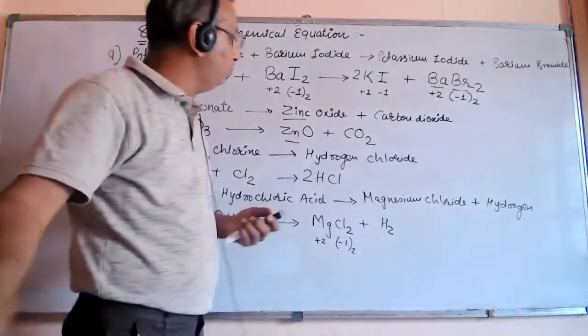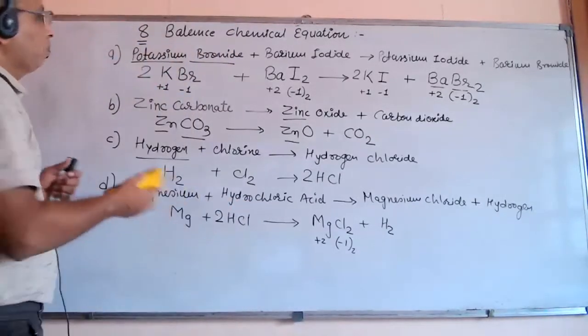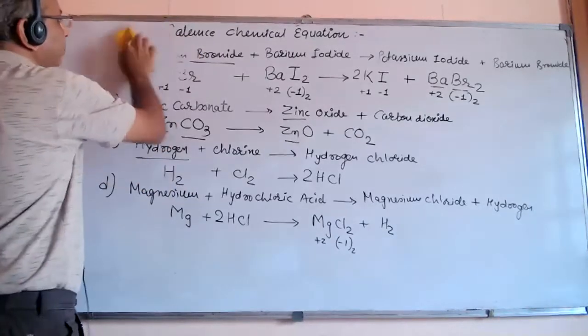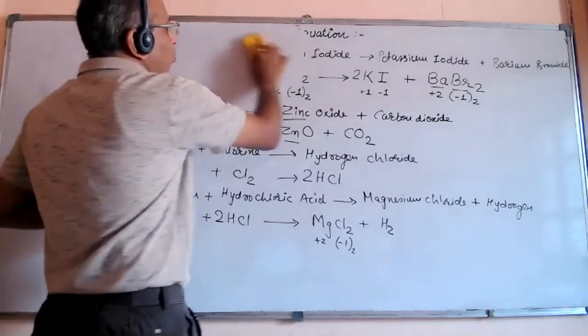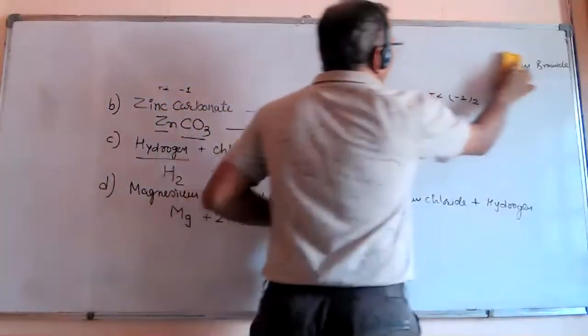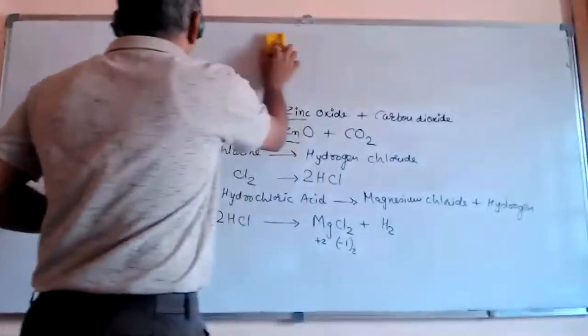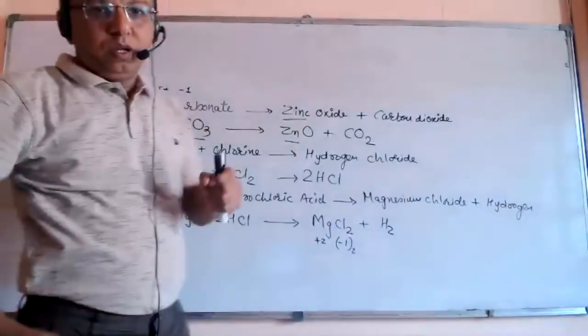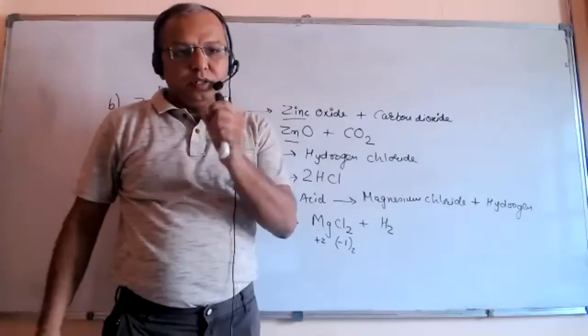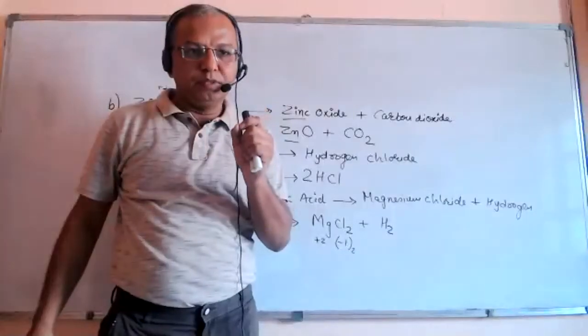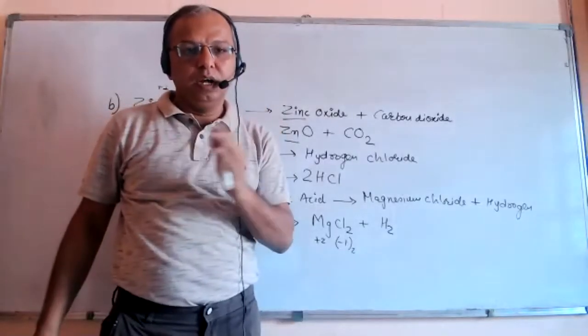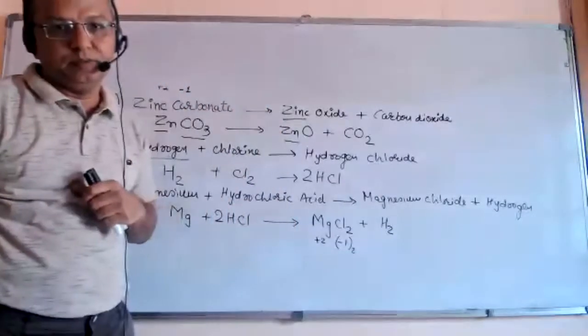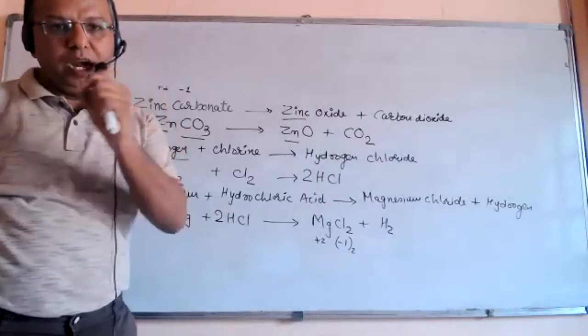This question number 9 is about to explain two chemical reactions. Their names are endothermic and exothermic. Exothermic and endothermic.